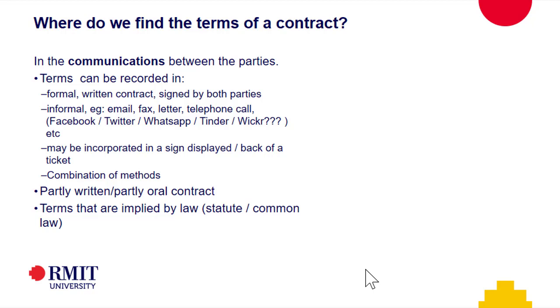We have established that none of the elements of contract, agreement, consideration, intention, certainty, are writing. Writing is not a formation element. The formalities affect the validity of some contracts, or the enforceability, I should say, of some contracts. Absence of writing doesn't mean that there is no contract.